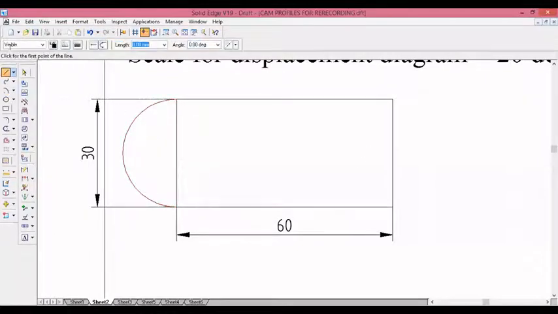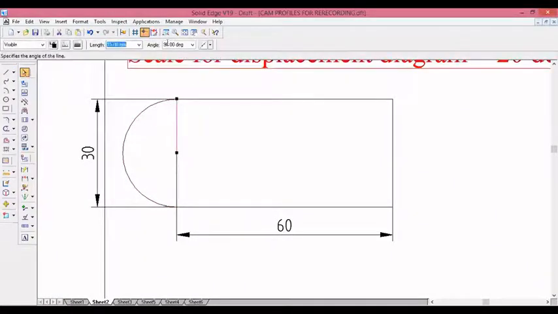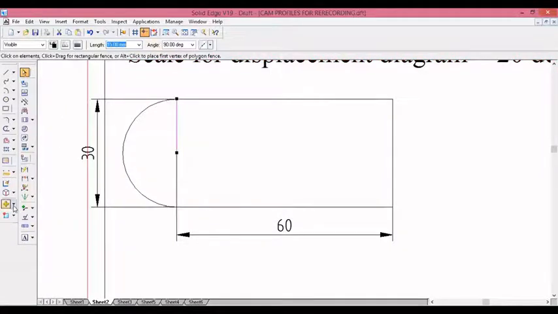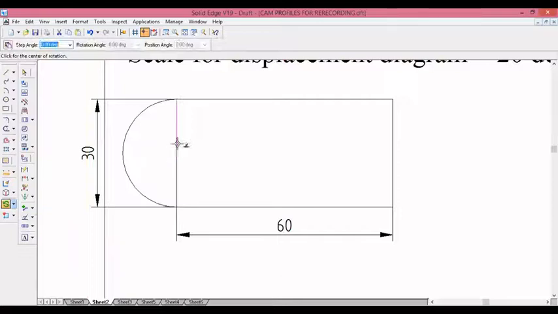Then you divide this semicircle into 6 equal parts. 180 degree divided by 6 means 30 degree. Make use of a protractor, and for every 30 degree, do the divisions.